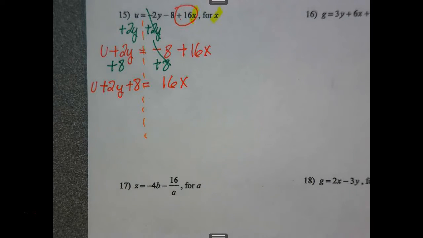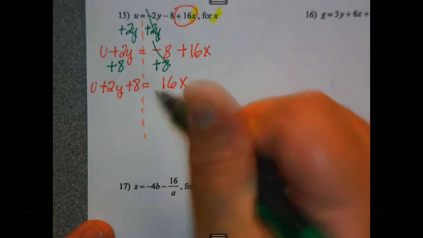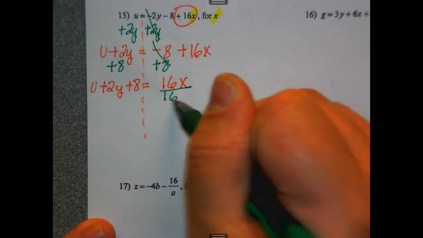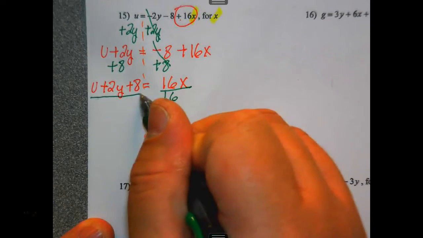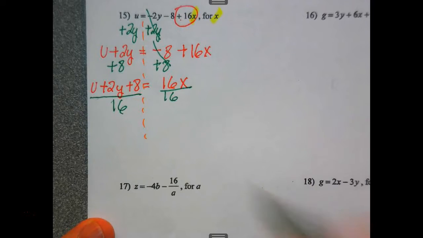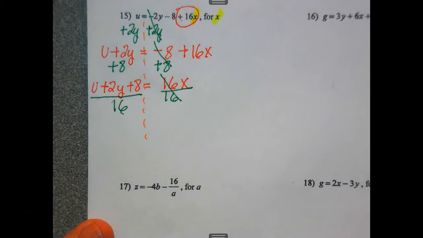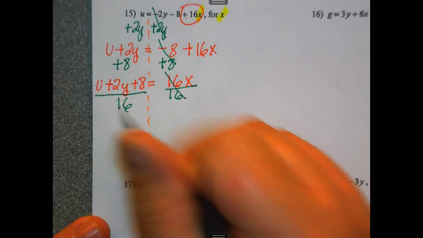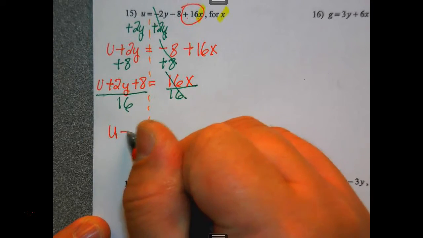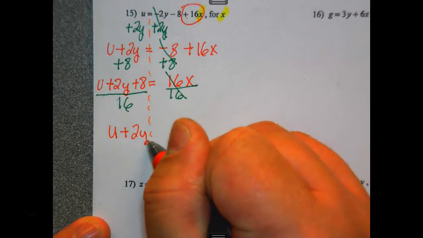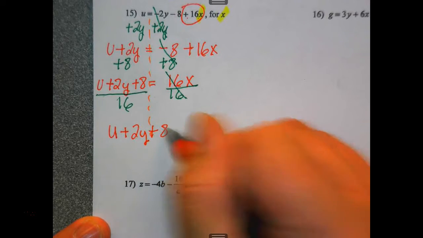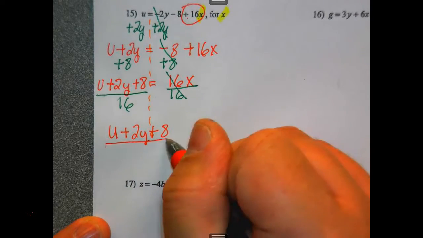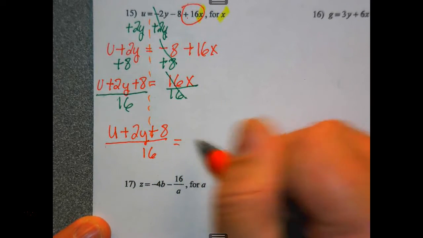Divide by the coefficient 16. Divide everything by the coefficient 16. So I have u plus 2y plus 8 divided by 16 equals x.